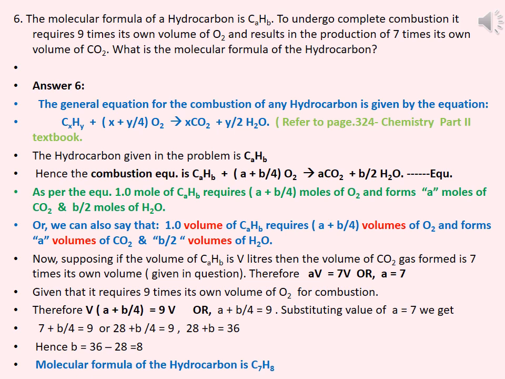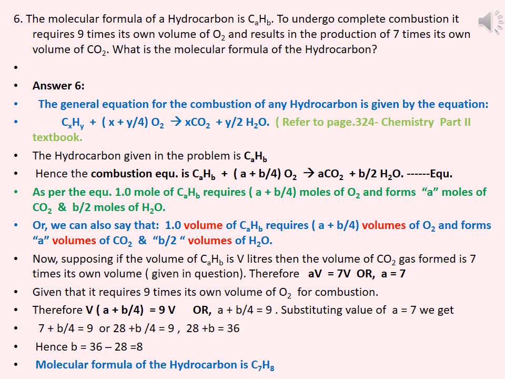Question number 6. The molecular formula of a hydrocarbon is CaHb. To undergo complete combustion, it requires 9 times its own volume of oxygen and results in the production of 7 times its own volume of carbon dioxide. That sentence is important.